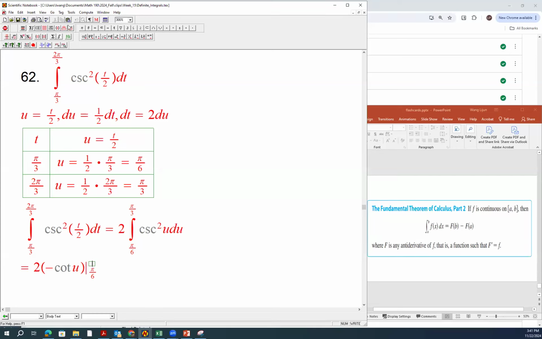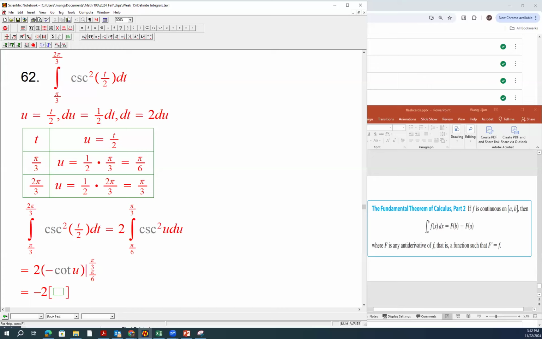I actually wish this bar could be a bit longer, a bit taller. But anyway, it works so far. I'm going to combine this negative sign with the 2, so negative 2. And only for the cotangent u part, I'm going to substitute pi over 3 and pi over 6.